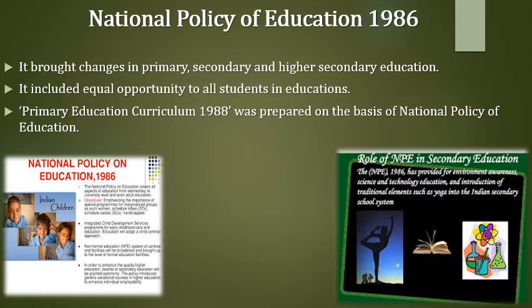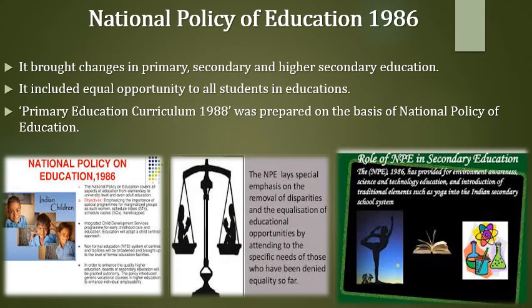By these means, all students in India will get equal educational opportunity. There is scope in the national curriculum for individual states to bring in flexibility in accordance with their cultural, geographical, and historical needs. The Primary Education Curriculum 1988 was prepared for the effective implementation of the National Policy on Education 1986.